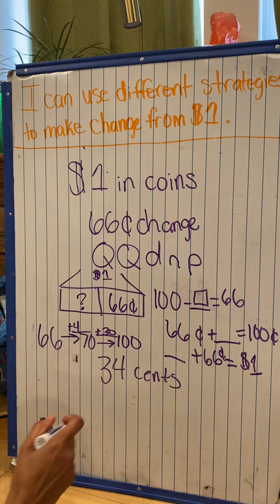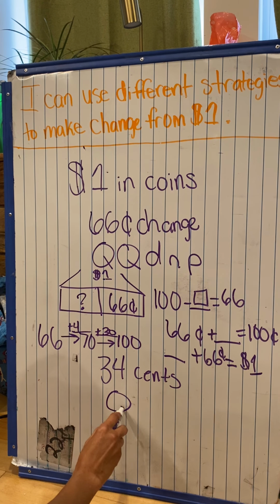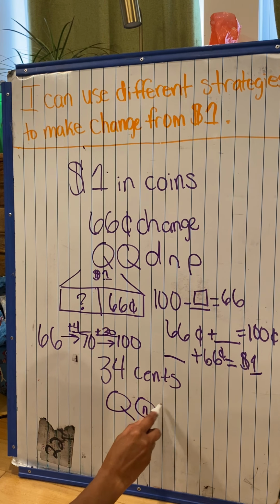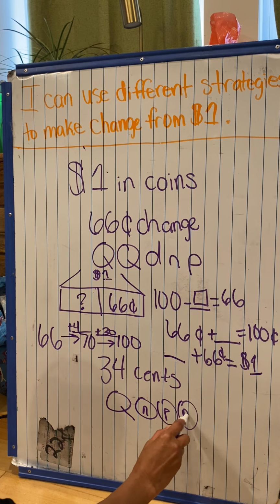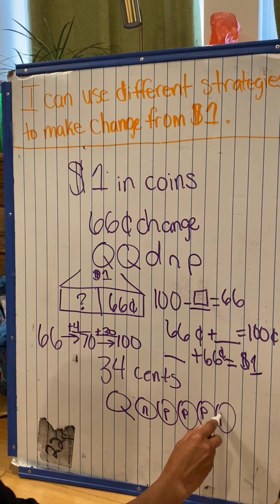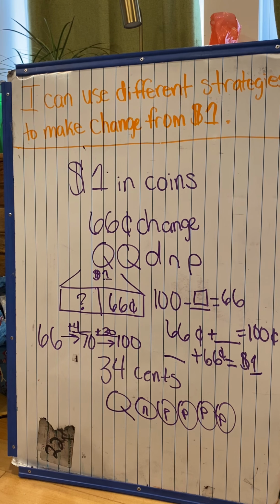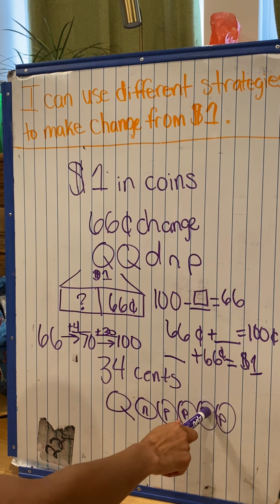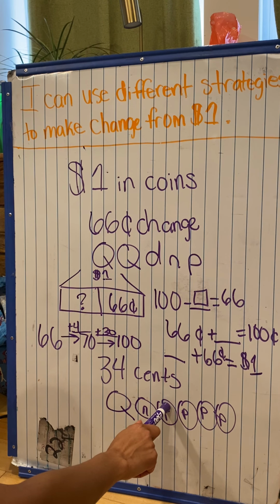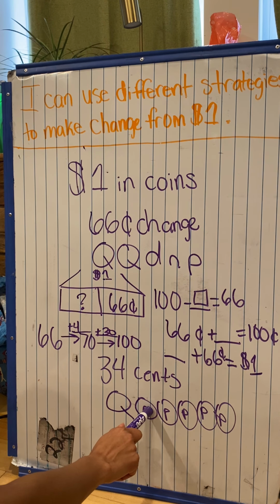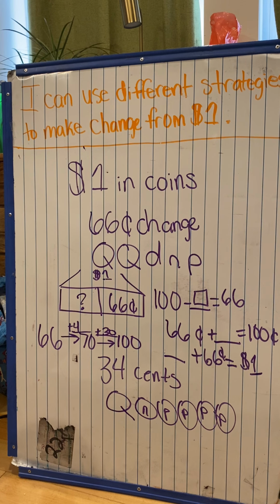So these are the coins that the cashier kept. A quarter, a nickel, 4 pennies. Now count up from 66 to see if they make $1. So 66, 67, 68, 69, 70, 75, $1.